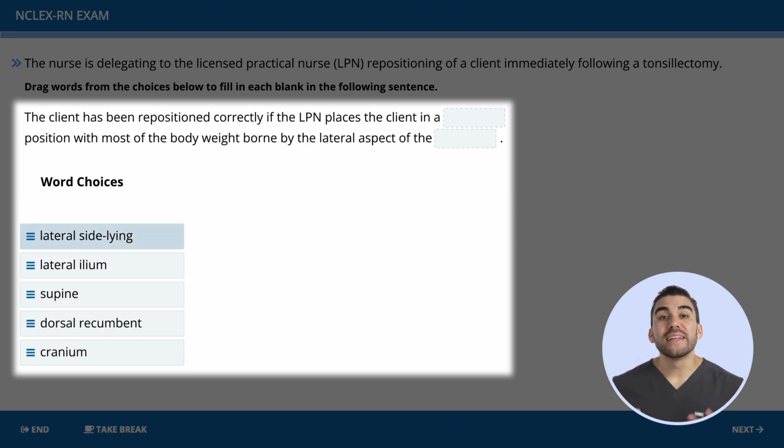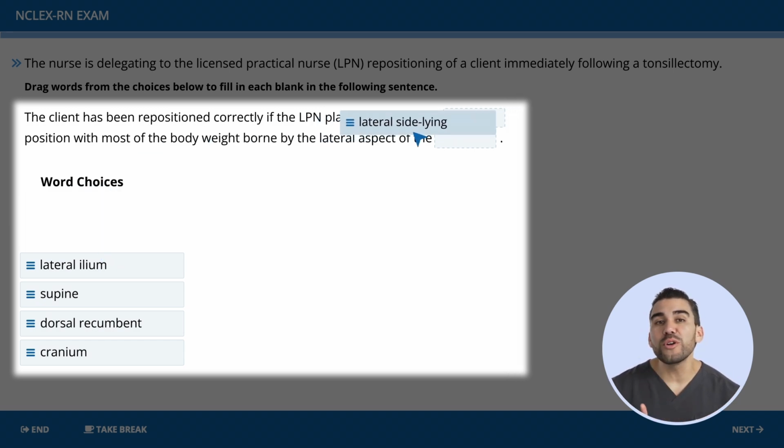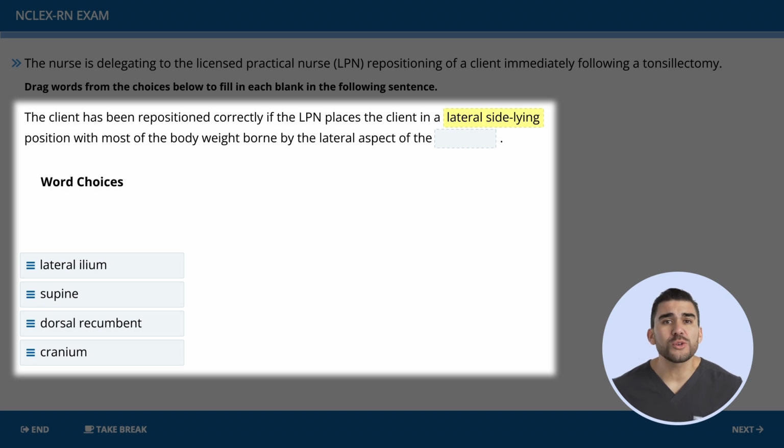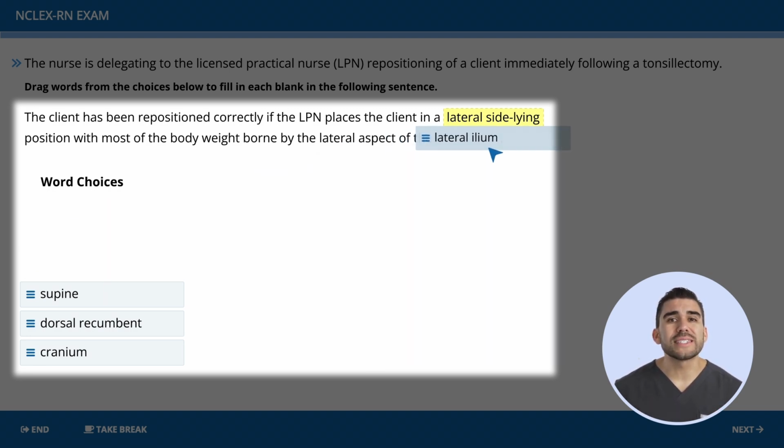What about the next option? The lateral side. Yes, this improves airway patency, so blood drains out of the mouth instead of down the throat. What about the next option here? Lateral ileum. Well, this one's also correct. It ensures safe distribution of the client's weight and protects the airway. Now, the last few options are incorrect because going supine places the client on their back and could compromise the airway as blood drains down the throat.